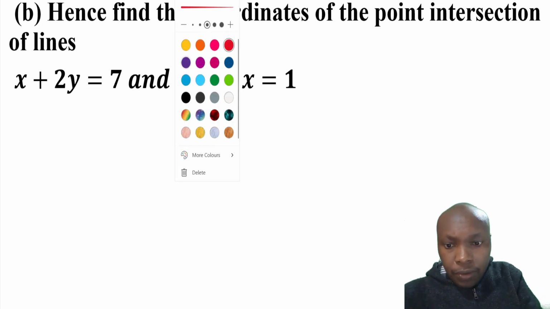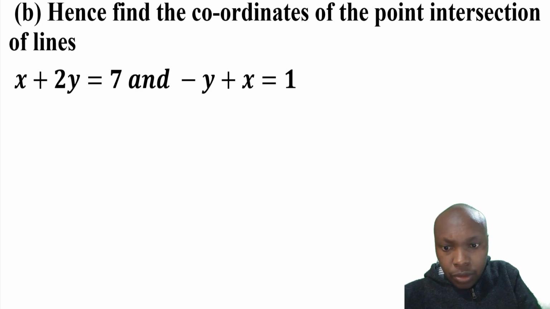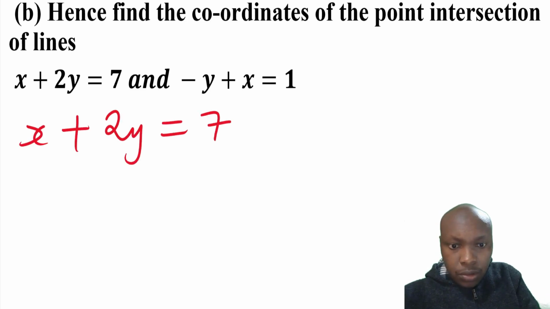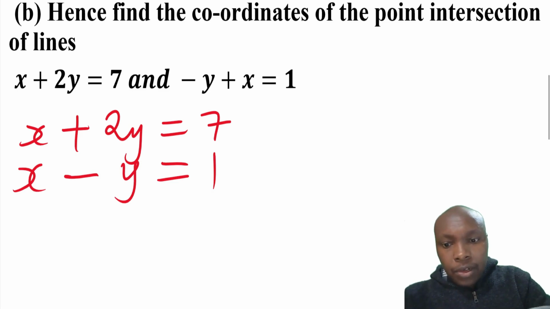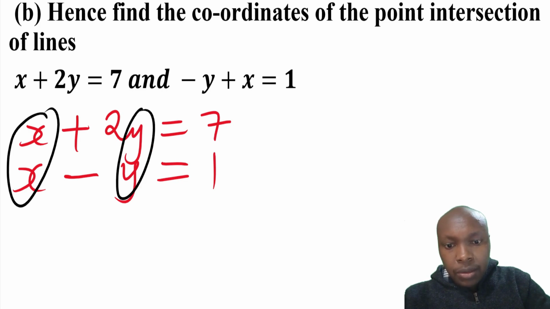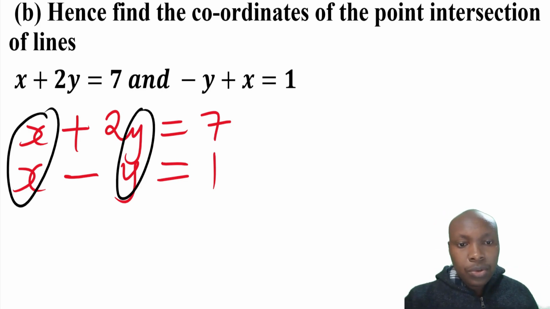So we have the first equation, x plus 2y equals 7. For the other one, we arrange the x's in the same straight line, so this is x minus y equals 1. Now you can see the values of x and y are in straight lines.